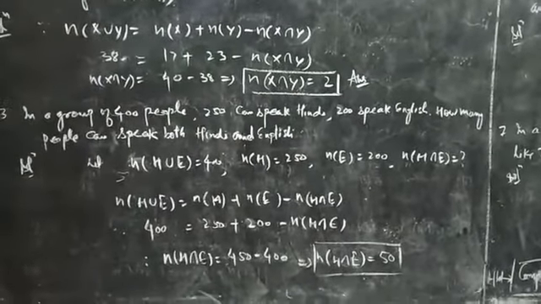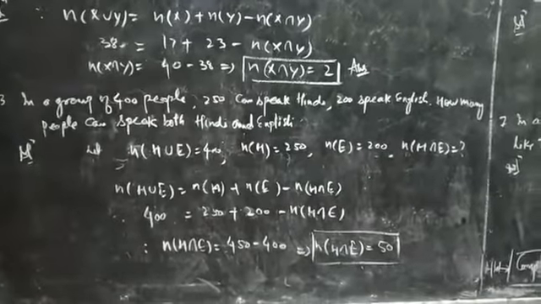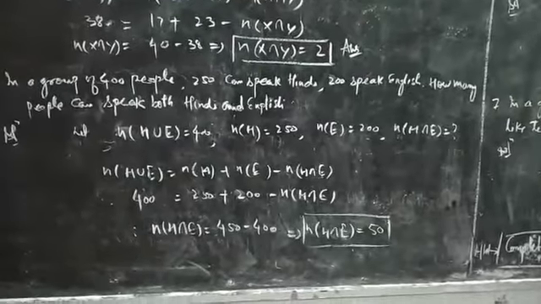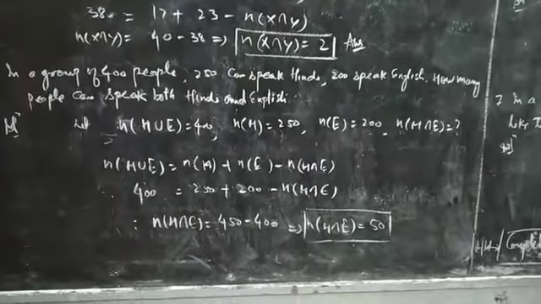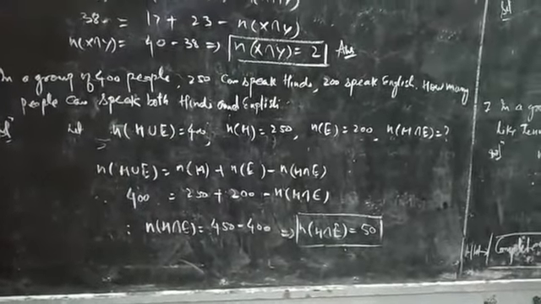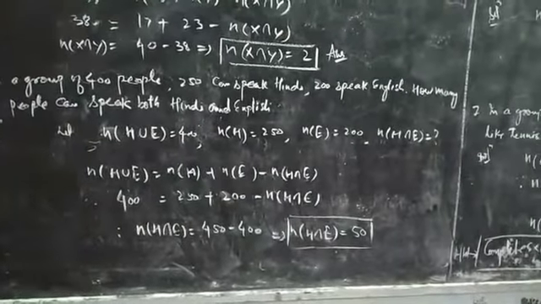See question number 3. In a group of 400 people, 250 can speak Hindi, 200 speak English. How many can speak both Hindi and English? Let H represent Hindi and E represent English.